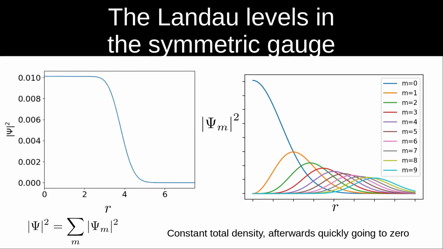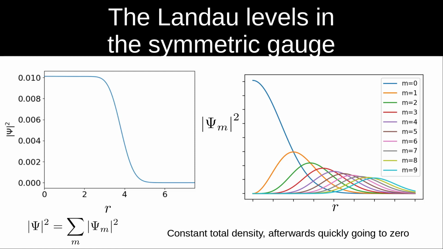What is interesting is that if you just consider that Slater determinant from before and you sum all the contributions, what you actually get is that your net wave function has a density that is almost constant up to a certain radius, and then afterwards it quickly decreases to 0.